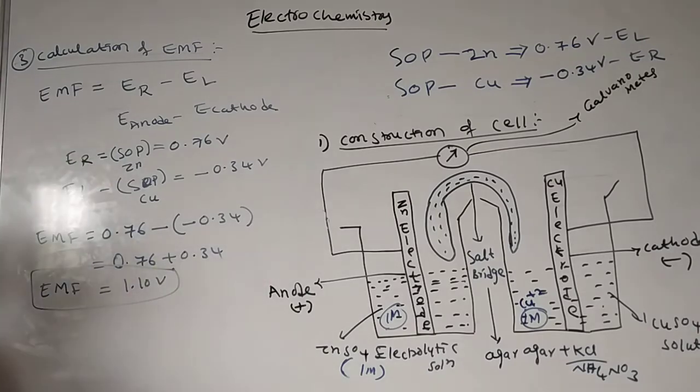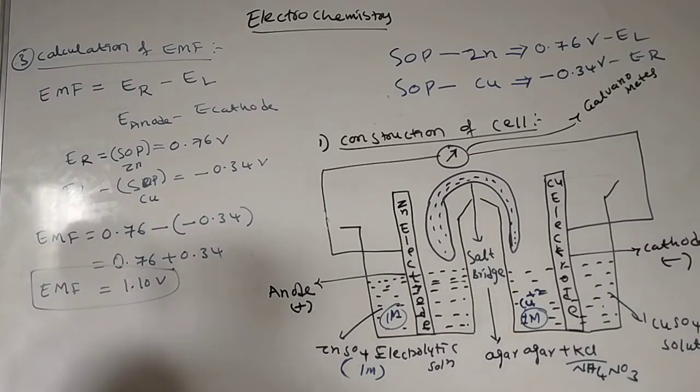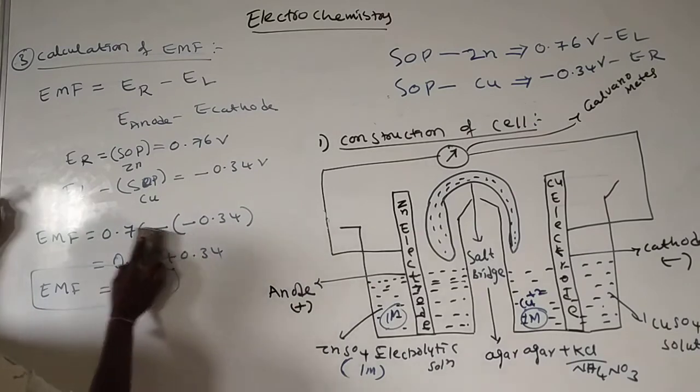EMF of Daniell cell is 1.10 volts. Okay, this is the calculation part of this Daniell cell. Okay, next in continuation, 4th step, representation of electrode.